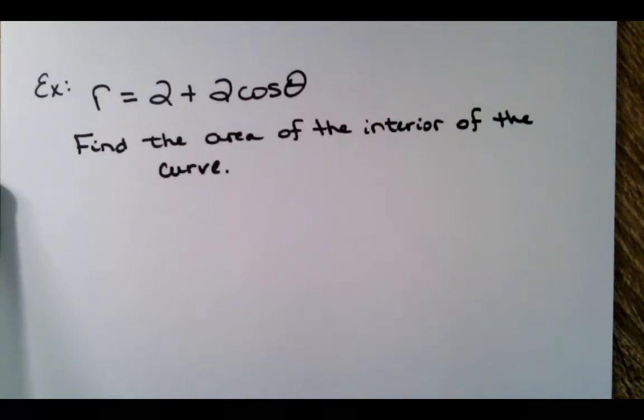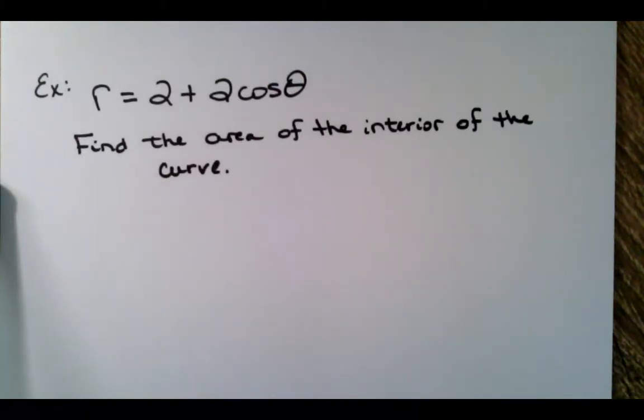We're going to start off with r equals 2 plus 2 cosine theta. And we just want to find the area in the interior of this whole curve. Now, we learned how to graph these curves, and you can sketch a graph if you want to, but if you don't need it, you don't have to.